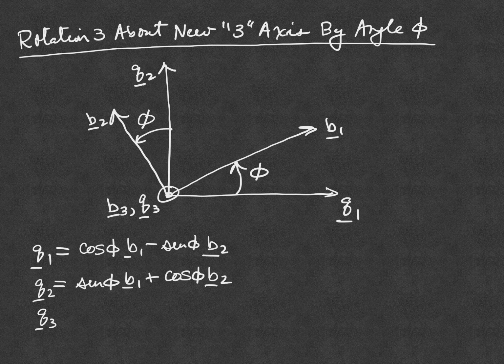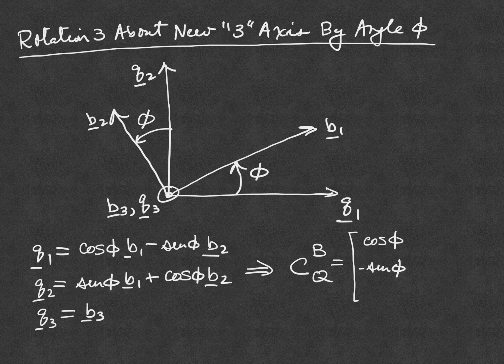And Q3 is equal to B3, which then results in a transformation from Q to B, which is equal to, and again, reading across and putting the columns down, we get cosine of phi, minus the sine of phi, 0. We get sine of phi, cosine of phi, 0, and then 0, 0, 1.